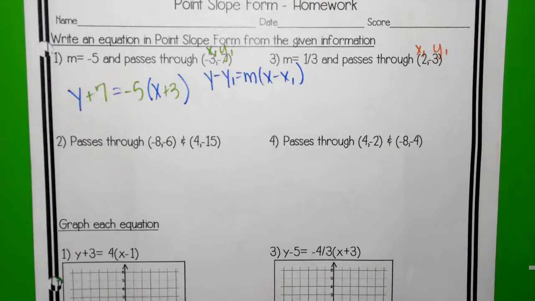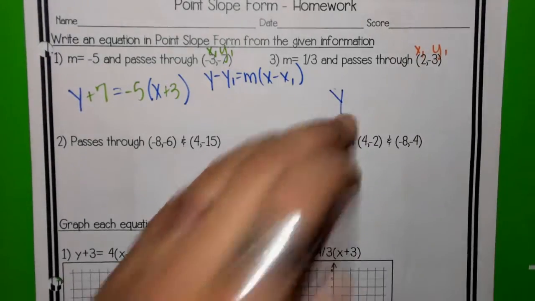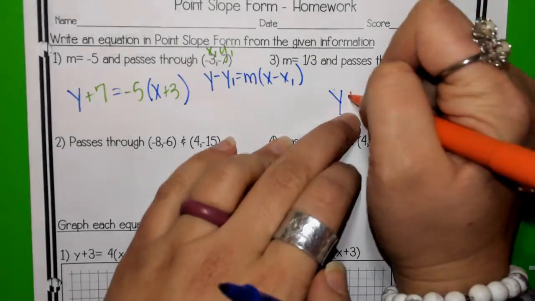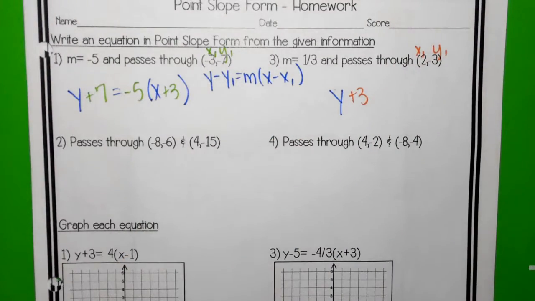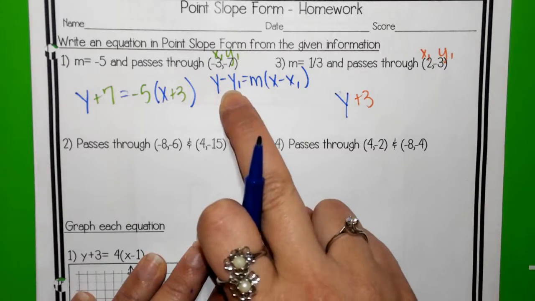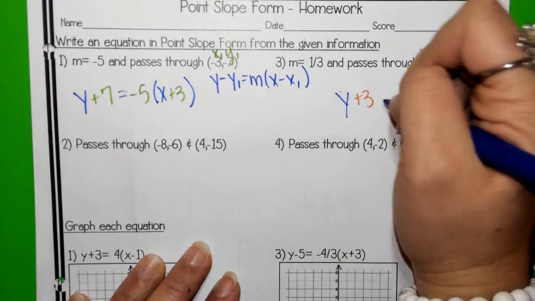So who thinks, by raising their hand, they can tell us how we would start off number 3? Caitlin? We would start with a y. Now what would we put next? Plus 3. Why would we put plus 3? Because it's a negative and a negative. Yes, so it would be y minus a negative 3, and that would change it to a plus. Equals.